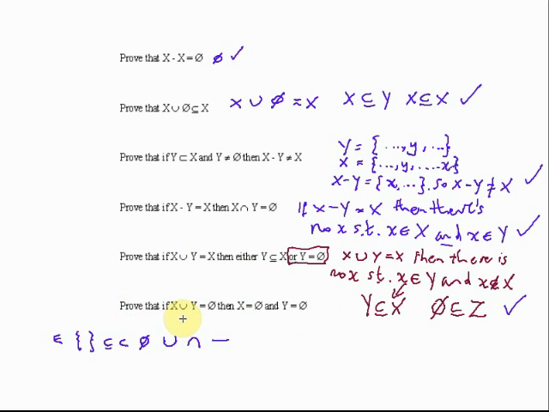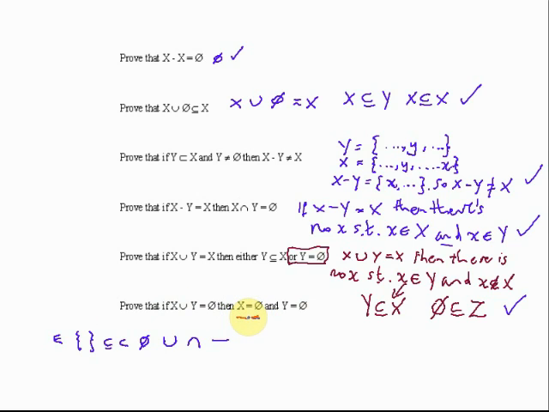We're asked to assume that X union Y is empty, and on that basis to conclude that both X is empty and Y is empty. Well, X union Y is the set of everything which is in X or Y, but there is nothing in X or in Y. There is nothing in X, which is to say that X is empty.